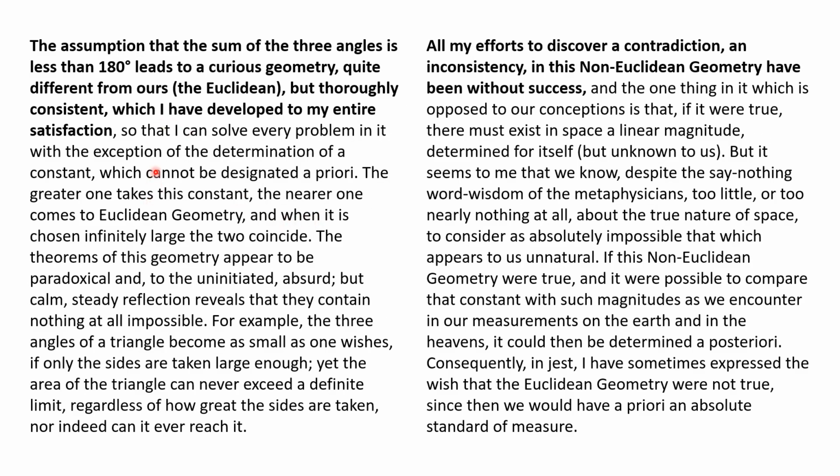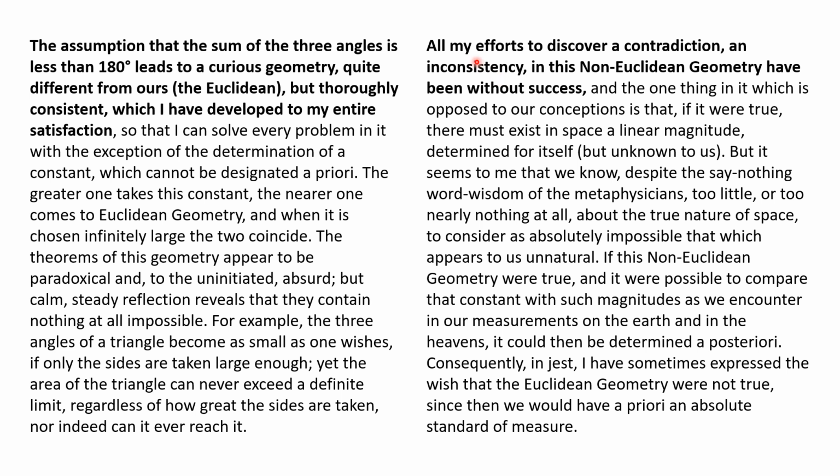Here's the letter from Gauss that I mentioned on the previous slide, translated from German to English. He says, the assumption that the sum of the three angles, he's talking about a triangle, is less than 180 degrees leads to a curious geometry quite different from ours, meaning the Euclidean geometry, but thoroughly consistent, which I have developed to my entire satisfaction. Unfortunately, he never published this.